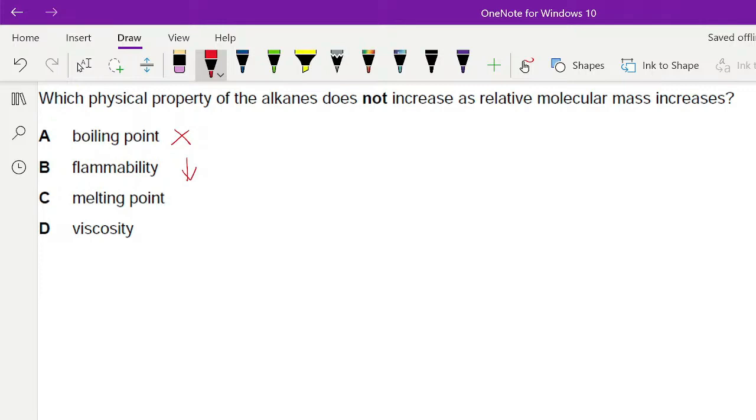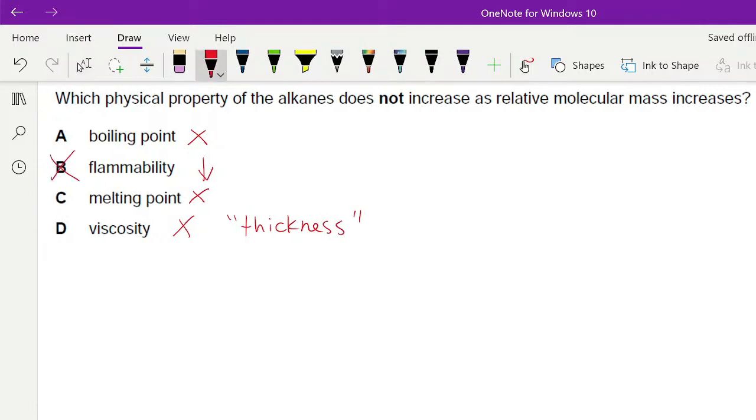Okay, so it's not as flammable as gas. So yeah, melting point increases, so this is not the case. Viscosity is also increasing. Viscosity is thickness. It's like honey. Honey is more viscous than water, right? It's thicker than water. Flammability actually decreases.